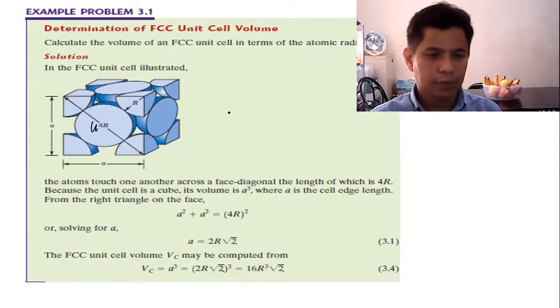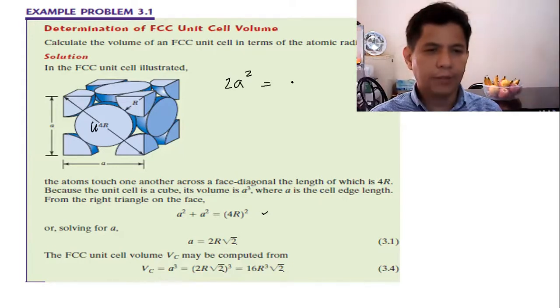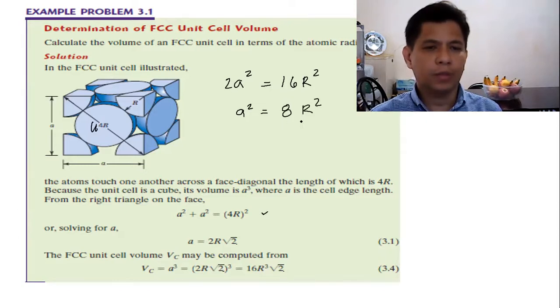So, coming from here, so you will have 2A squared, and then (4R) squared is 16R squared. So if you're going to divide this by 2, you will have A squared equals 8R squared. If you're going to take the square root of this term, 8 is 2 times 4, square root of 2 times 4.